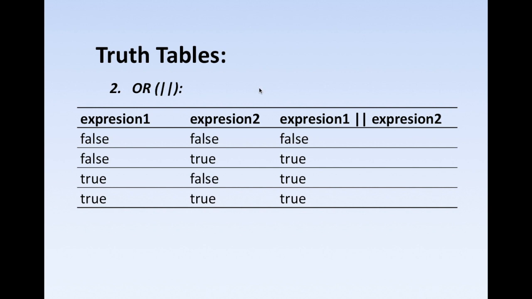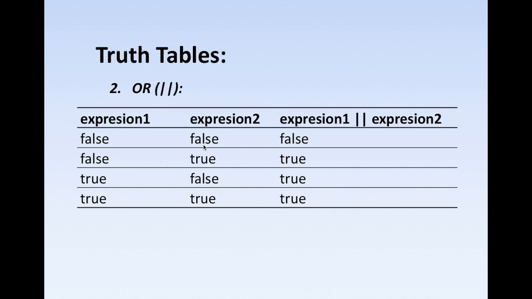What about the or? From its name, or, only one of the conditions needs to be true. So false or false, I'm saying if this is true or this is true, or if expression 1 or expression 2. So if they're both false, definitely the answer is false. If one of them is true, then it's true, because I'm saying if expression 1 or expression 2 is true.